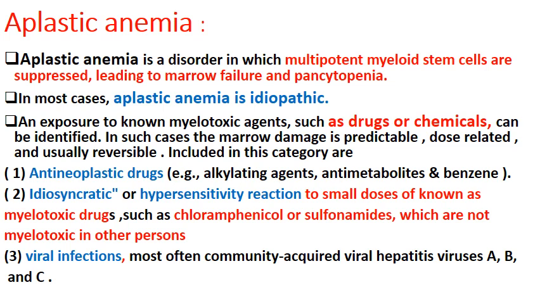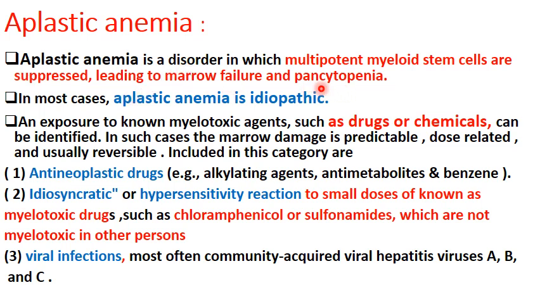Now we are coming to the new topic, which is aplastic anemia, which refers to the disorder that involves the multipotent myeloid stem cell. All the types of elements of the blood are affected. The myeloid stem cells are suppressed, which leads to marrow failure and pancytopenia.